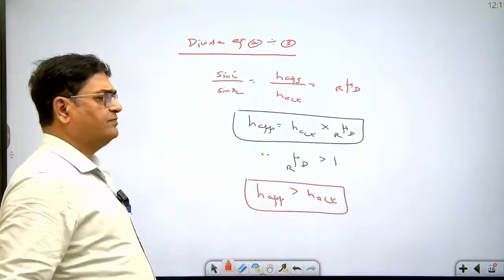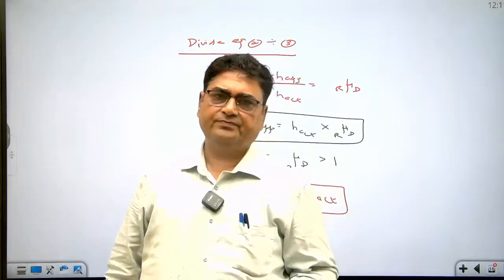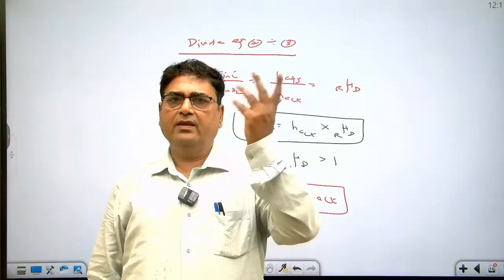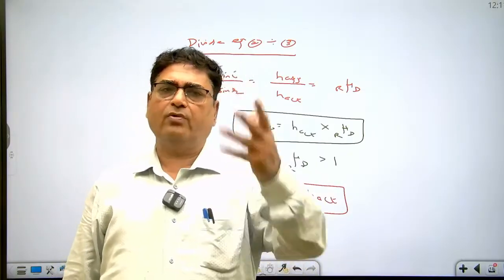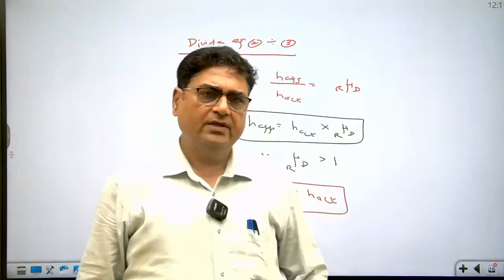So dear student, whenever any observer from denser medium views any object in rarer medium, then the image of the object will appear at more height than its actual height. Okay, this is the case.